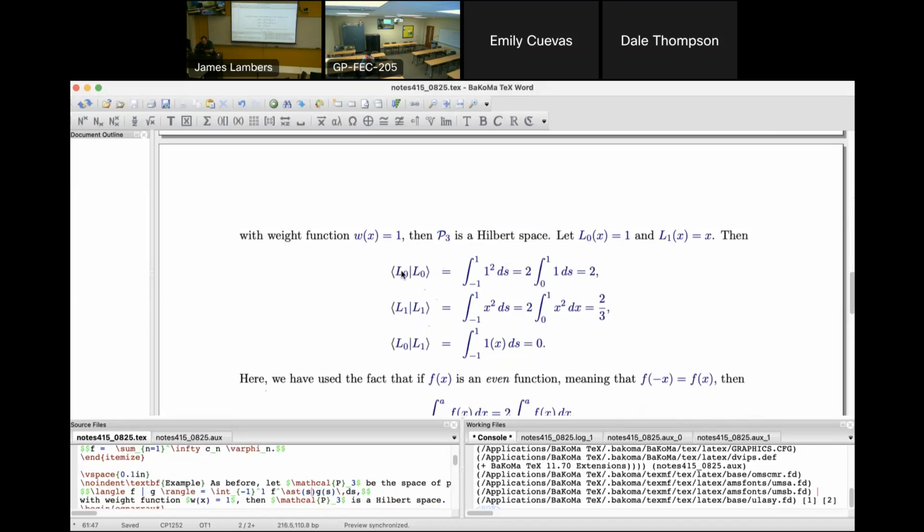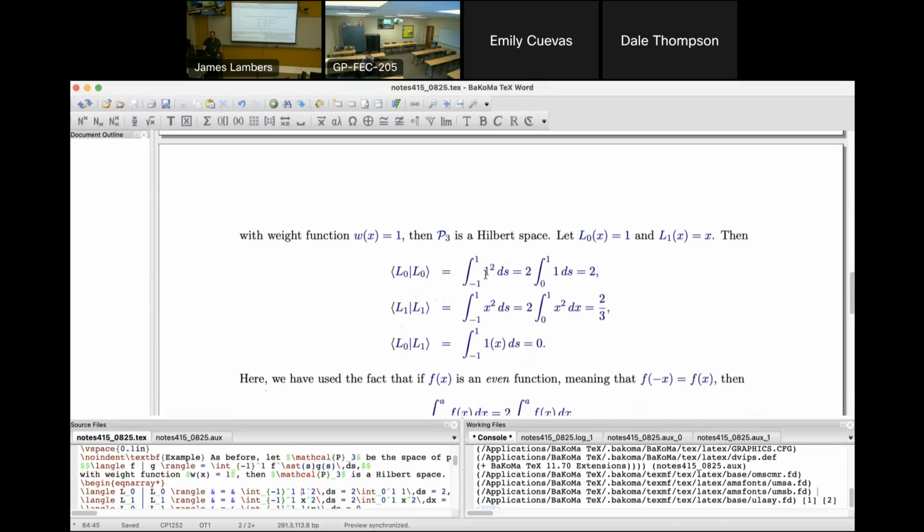Here, function 1 with itself, and then x with itself, and then 1 with x. And one thing I want to point out is, because the interval is symmetric around 0, the interval is -1 to 1, an integral from -1 to 1 can be expressed as an integral from 0 to 1, in the case where a function is odd or even.